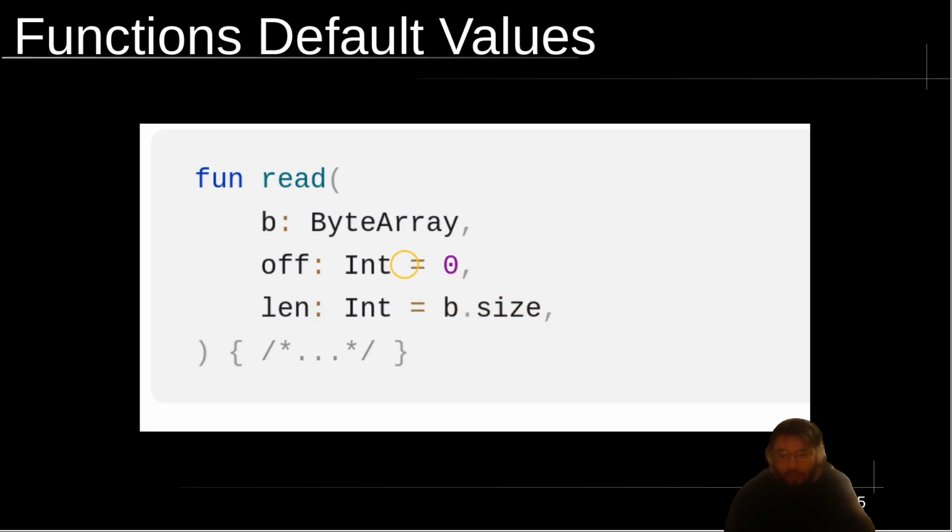So that's a default value. And if you don't call it explicitly, it'll set off to 0 and the length to b.size. So the only thing you would need to put in would be read and then some byte array for that function. That is all. And then everything will fall from there.